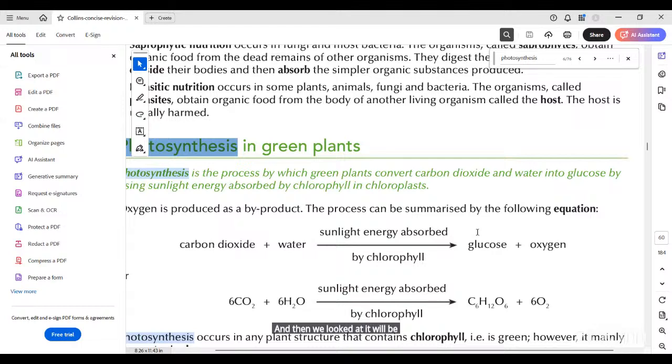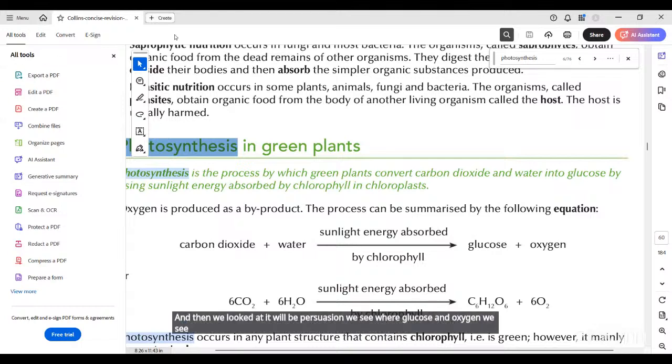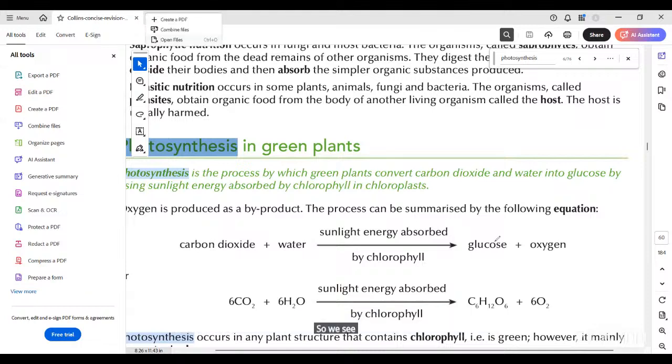We see where glucose and oxygen flip over. So we see where glucose is now replaced here and oxygen is now here. And then carbon dioxide becomes the byproduct. Right? So if you know that one, you know the other. Excellent.